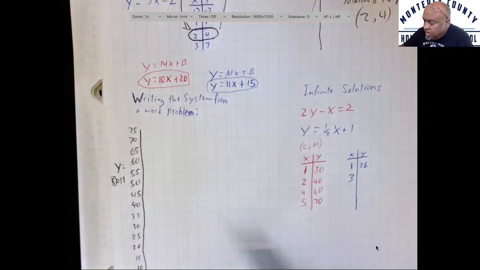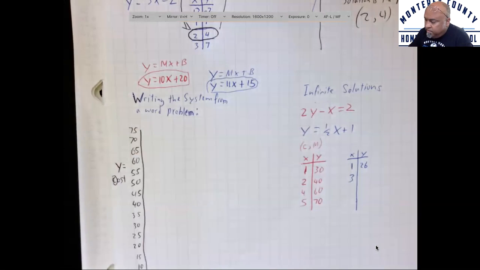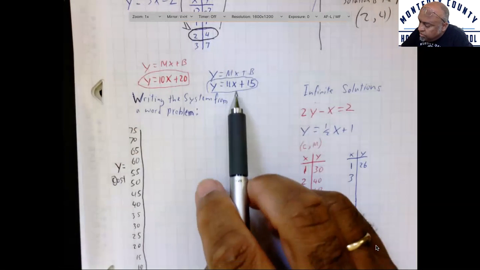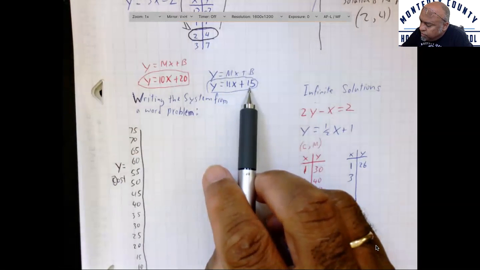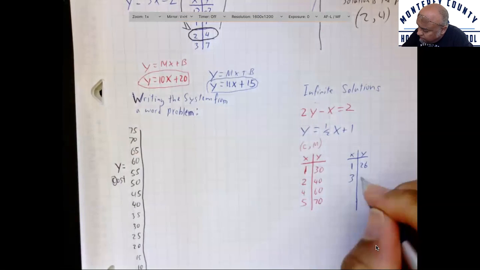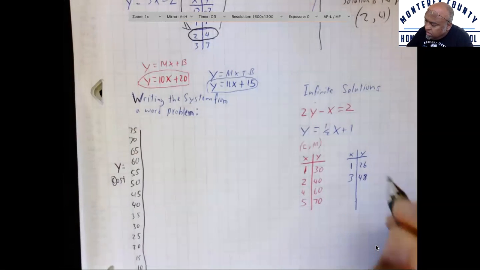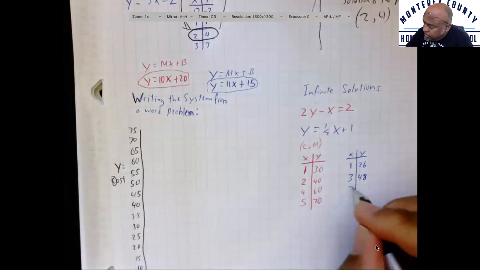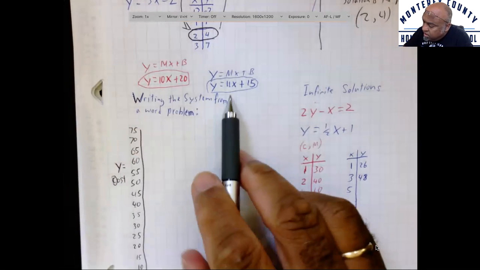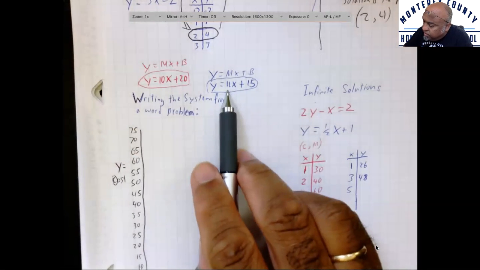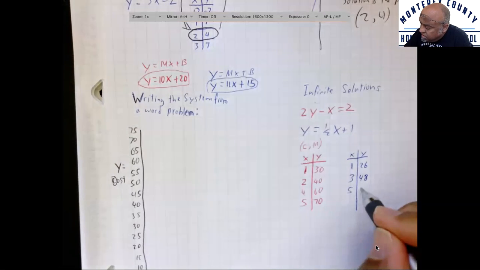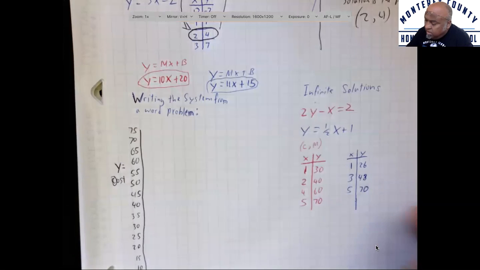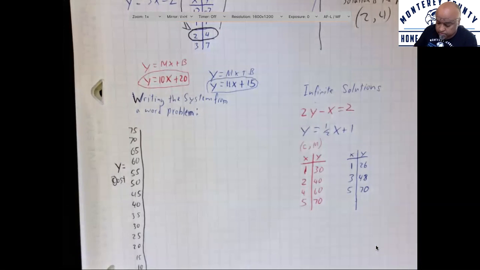Again, sometimes you want to skip intervals if you have a very large graph to fill out. So 3 times 11 is 33. Plus 15 would be 48. Okay. And then we'll do 5. So 5 times 11 is 55. Plus 15 would be 70. Okay, that looks like enough information for me.